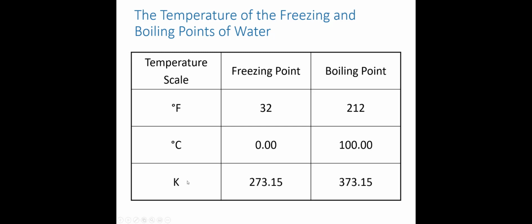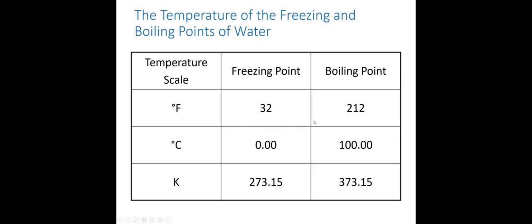Next, look at Kelvin. What do these numbers have in common with Celsius? Well, you'll notice that if you go up 100 degrees Celsius, you're also going up by 100 Kelvin. So 273 to 373. So going up by 1 degree adds a degree in either scale.